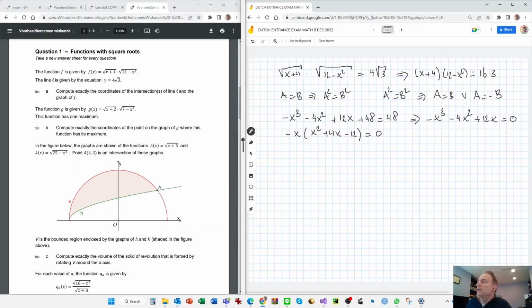That can mean that x is 0, or that the quadratic term is 0.